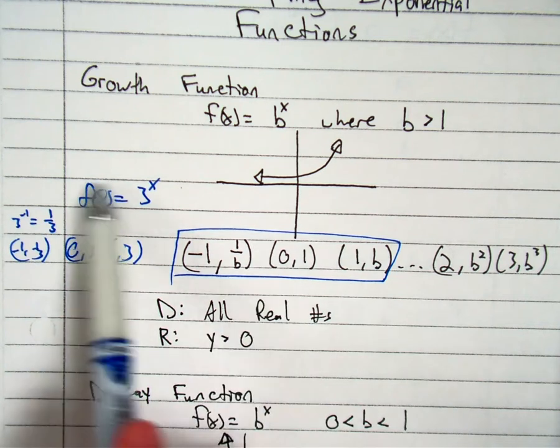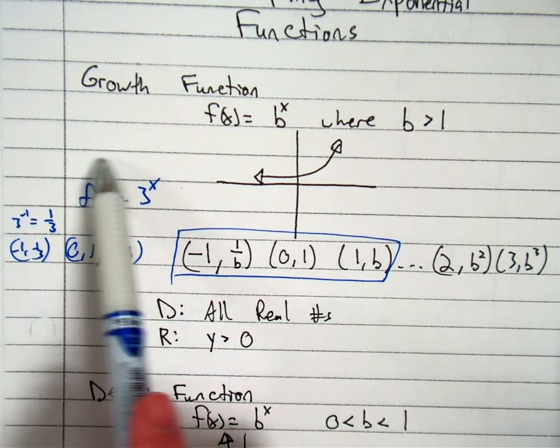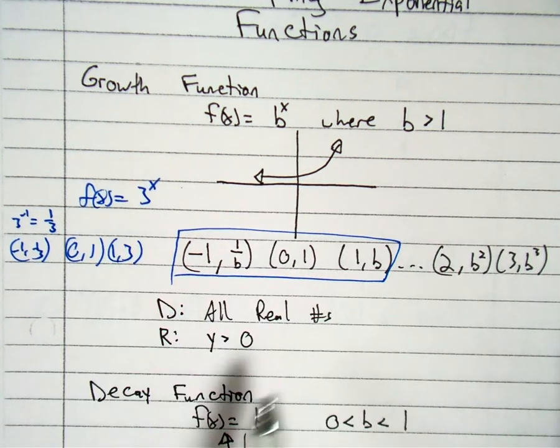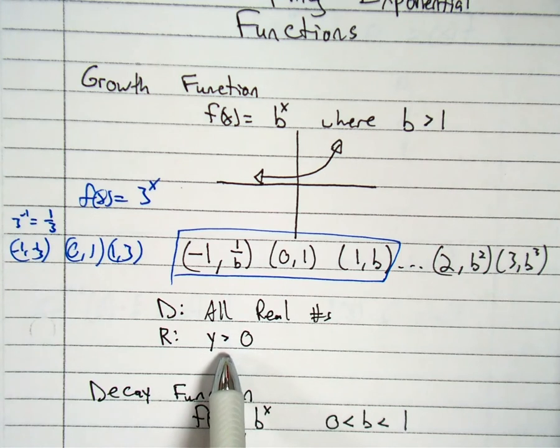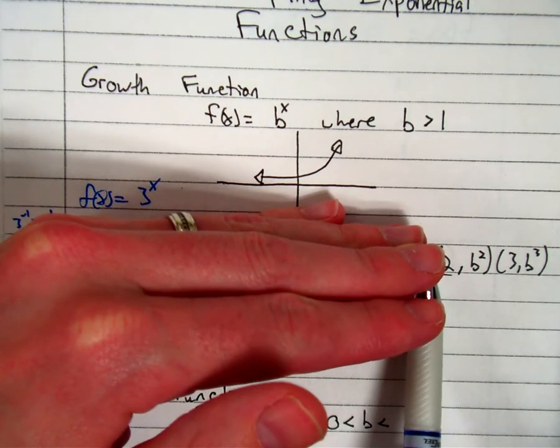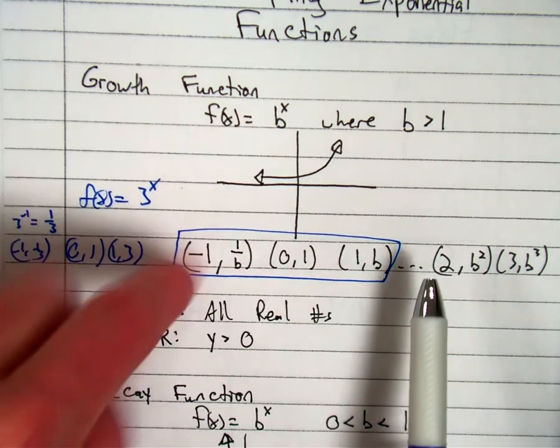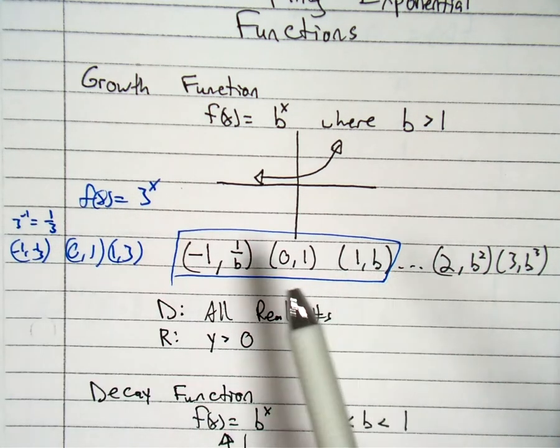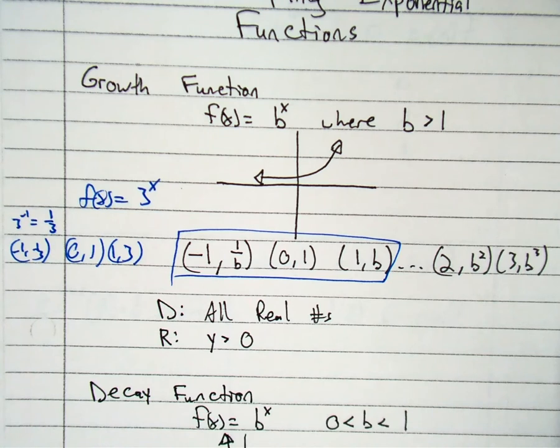Okay, our domain, all reals, we're going forever left and right. And our range, our y's, are greater than 0. We get really close to there. We never touch 0, and we definitely don't go underneath of it for the standard form here. We're going to do some shifting later on here, and we'll be all over the place then.